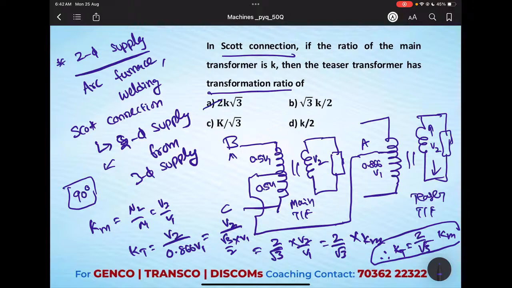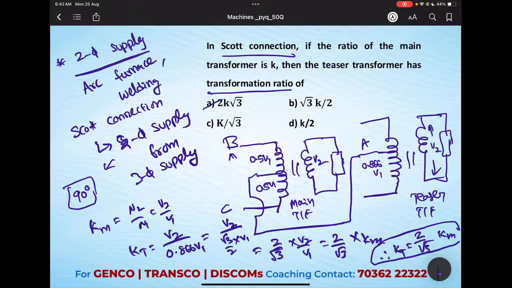So I am going to summarize the solution one more time. See, the given question is about Scott connection. Scott connection is used for conversion of three-phase supply to two-phase supply. For two-phase supply, we need a phase shift of 90 degrees, as in a three-phase system we have a phase shift of 120 degrees. So in order to generate this phase shift of 90 degrees between the phases, we are going to do a special type of connection.